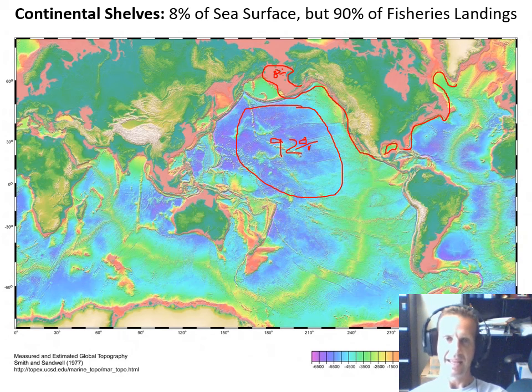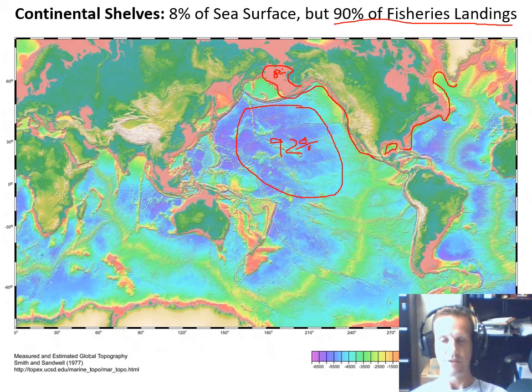And even though continental shelves are only 8% of the sea surface, 90% of fisheries landings, that means 90% of the amount of fish that are caught and brought back to market by commercial fishermen, come from continental shelf waters. We can assume that's because the productivity of fish on continental shelf waters is really high.